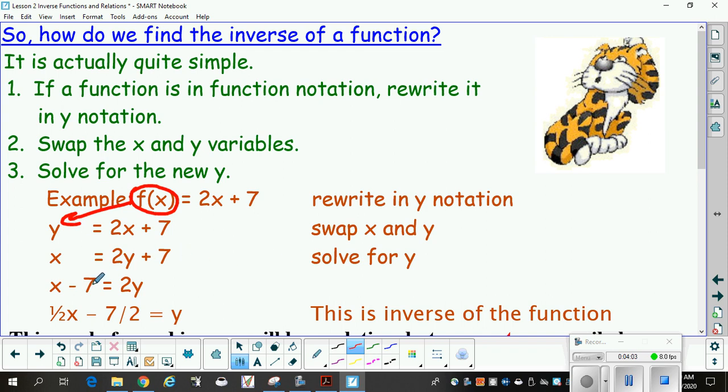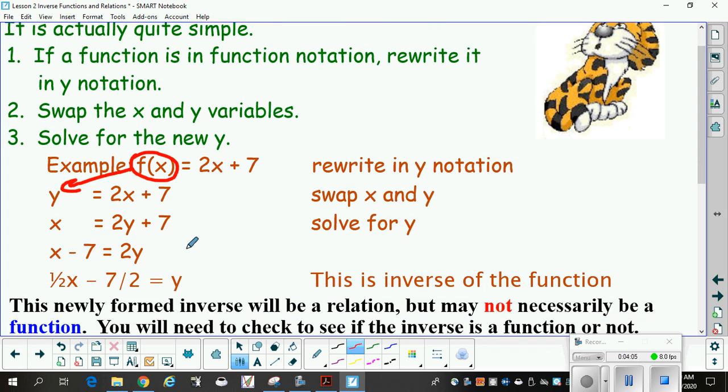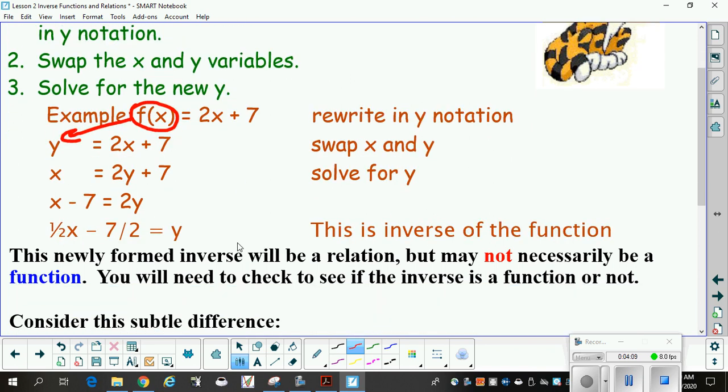So I'll subtract 7 from both sides, divide both sides by 2. This is the inverse of the function. Now, I could write this as f to the negative 1 of x is equal to 1 half x minus 7 halves. That's putting it back in function notation.